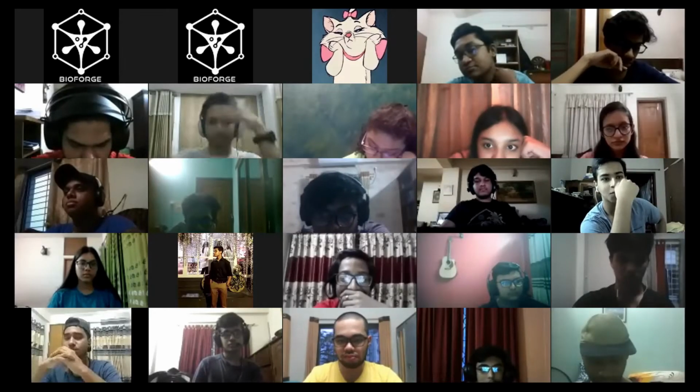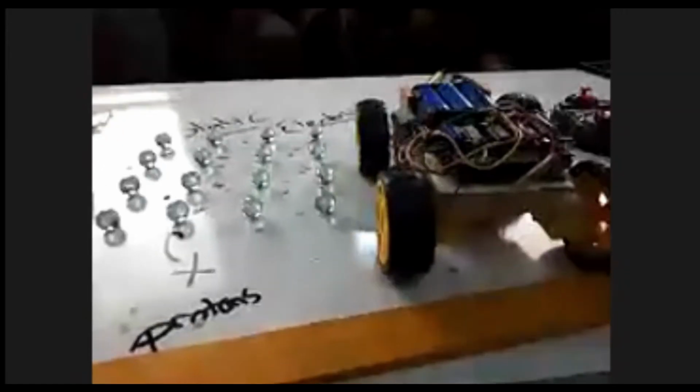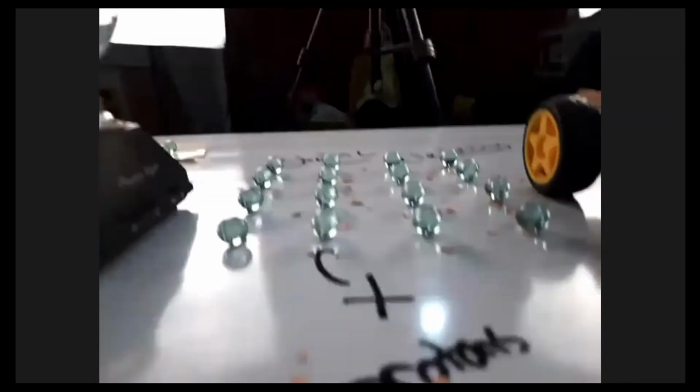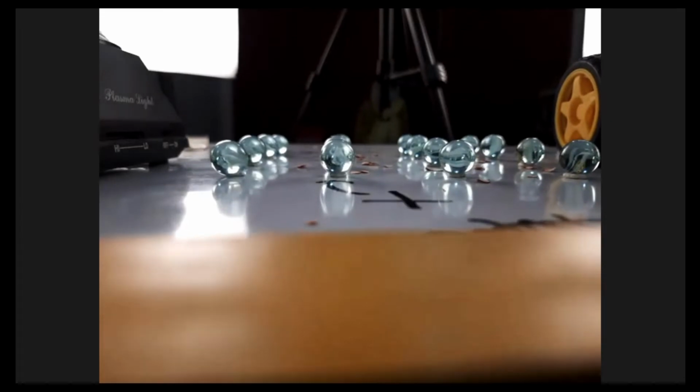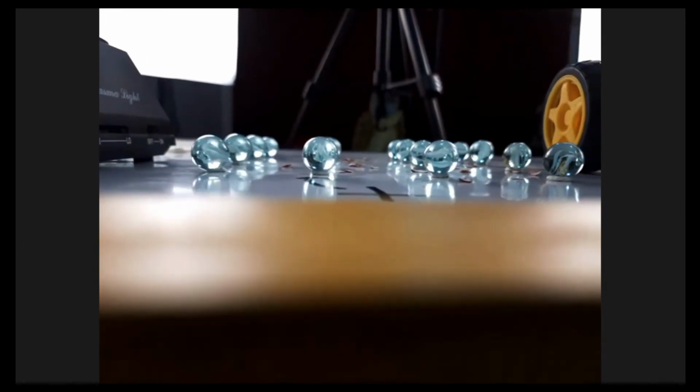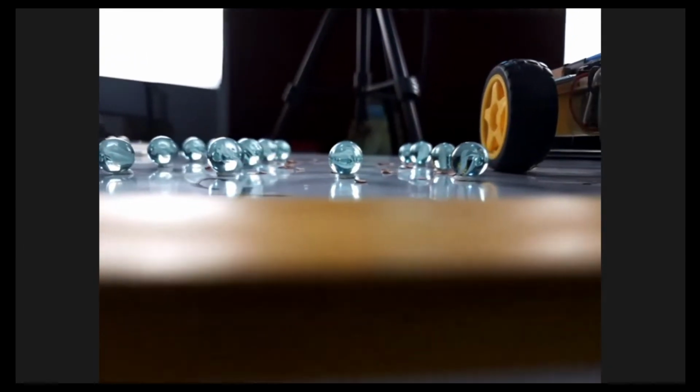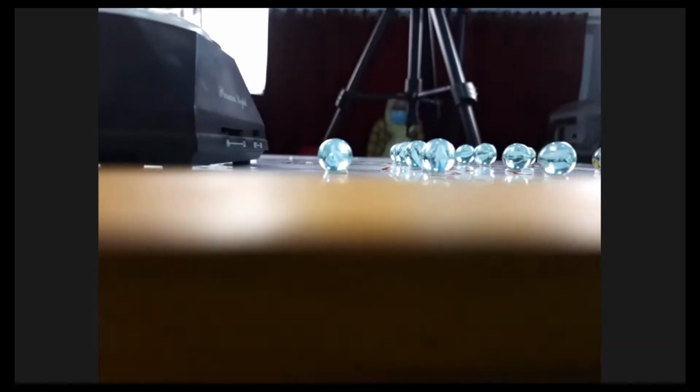But first part, let's talk about parallax. So the parallax concept, let's start right away. It's really simple. Parallax is all about the perspective in which you see things. If we take just one example, can you guys see those marbles? Yes, sir.